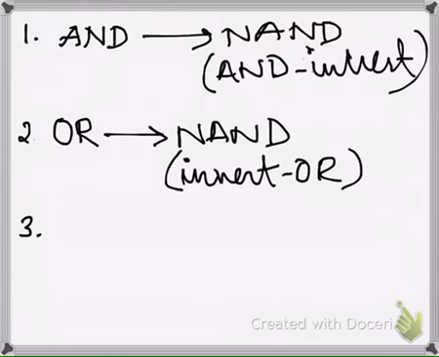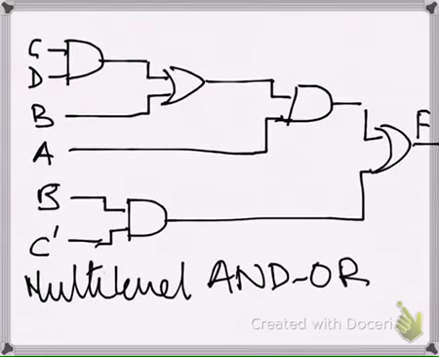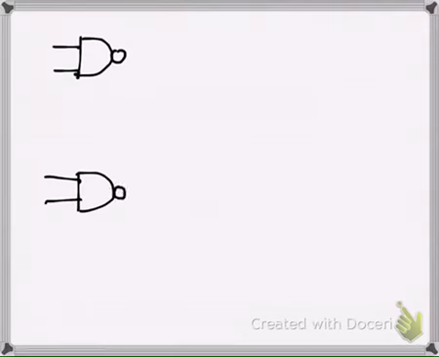So let us look at the example that we had, this particular example. For all the AND gates, we will convert them into this symbol. I have one more AND gate out here, so this will also become this.